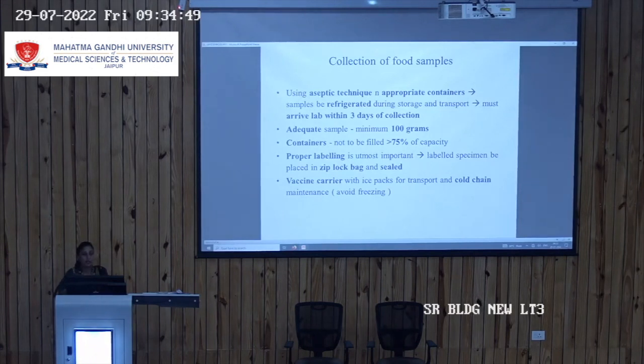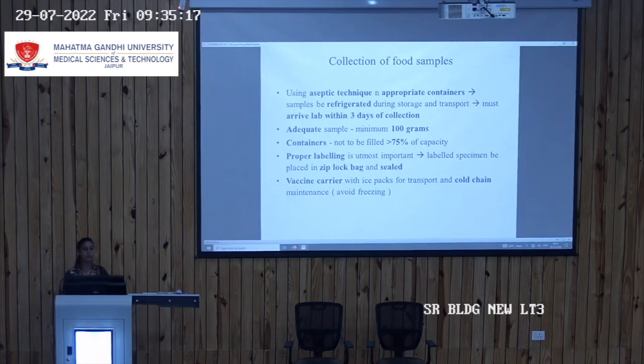A minimum of 100 gram sample is taken, and the container should not be filled more than 75% of its capacity, or not more than 3/4 of the container. Proper labeling is important, and after labeling, the container is kept in a Ziploc bag and sealed.